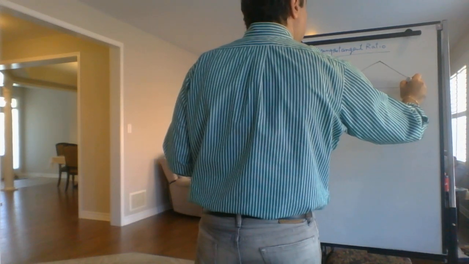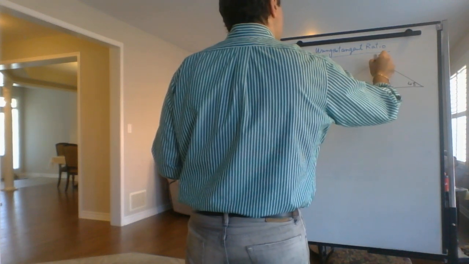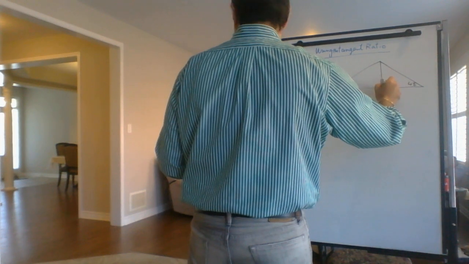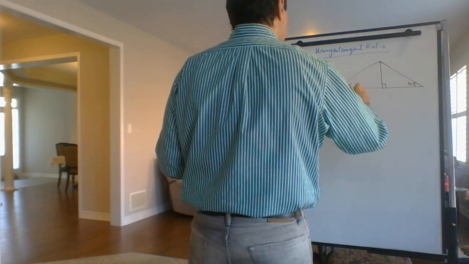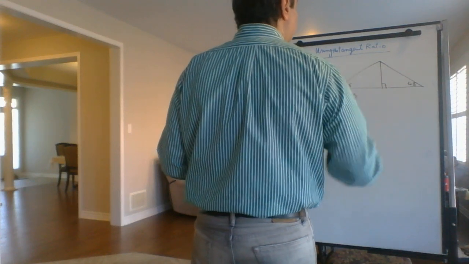This angle is 48 degrees. This angle is 35 degrees. This is the height. And this is 10 meters. And we need to find the area of this triangle.